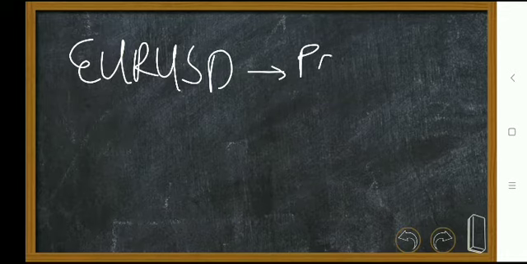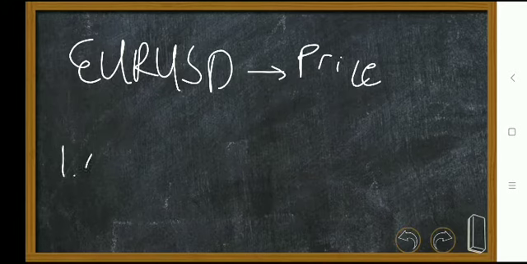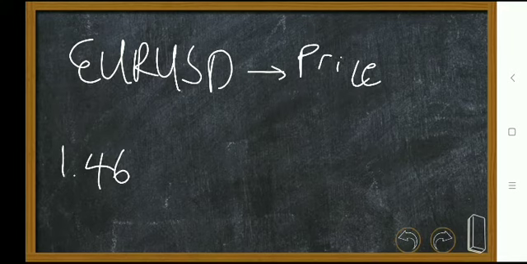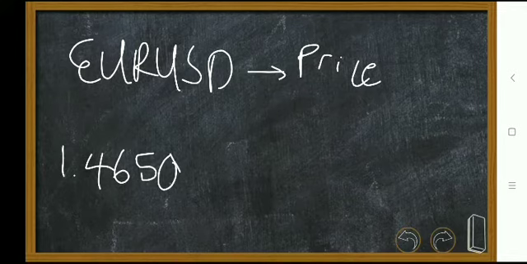Before we get into things, remember this has a price. This currency pair has a price. So let's say the price is 1.4650. The price is given like this. Then it was a buy.